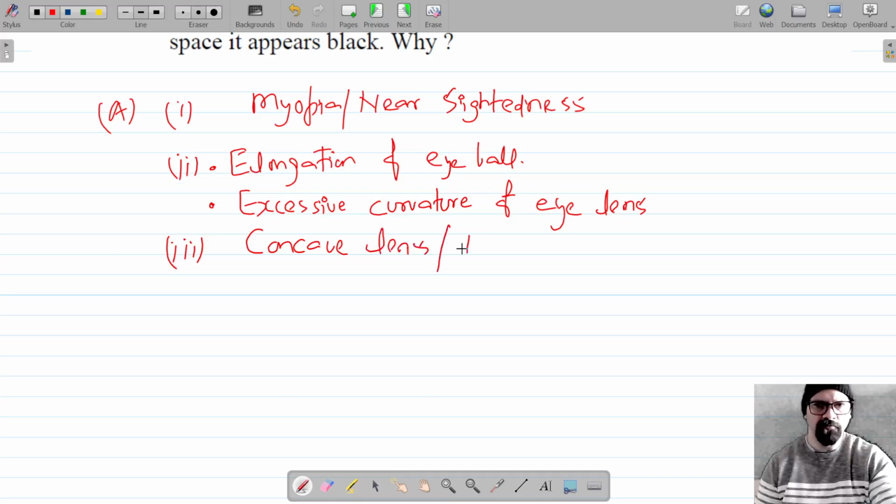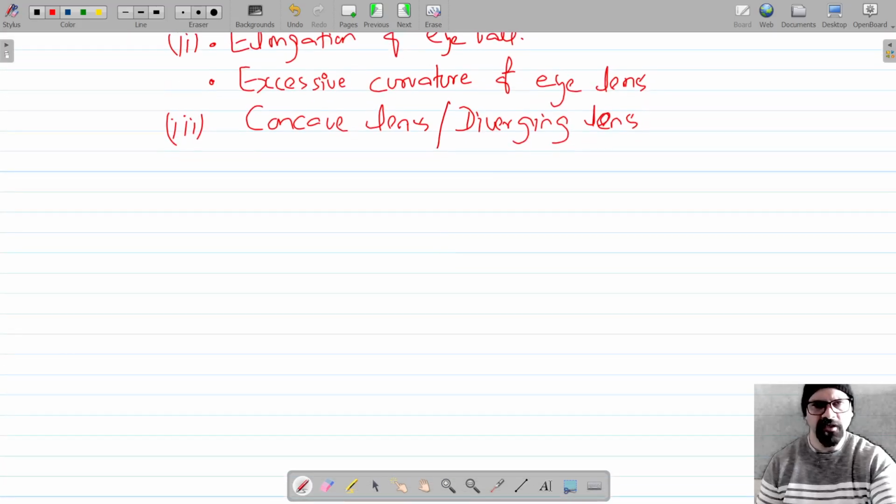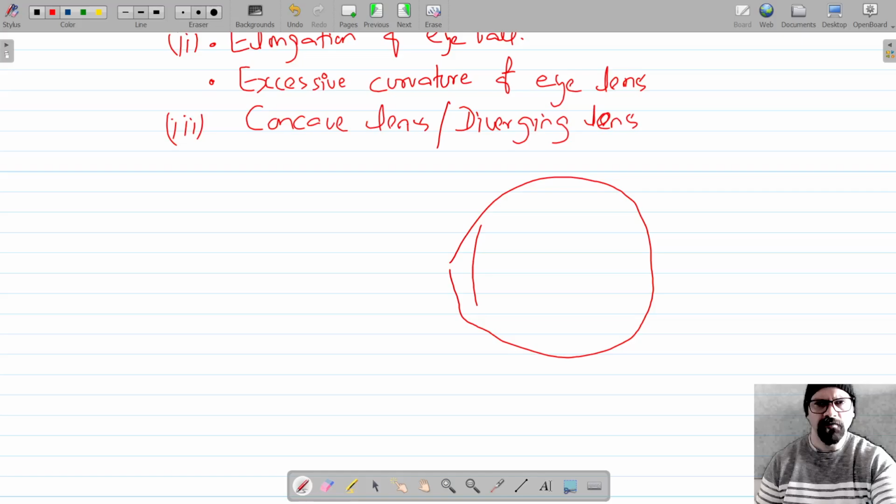So the type of lens used for the correction of this defect is a concave lens, or diverging lens. Let me show you how this is corrected. Let's say this is an eyeball, and this is the lens.